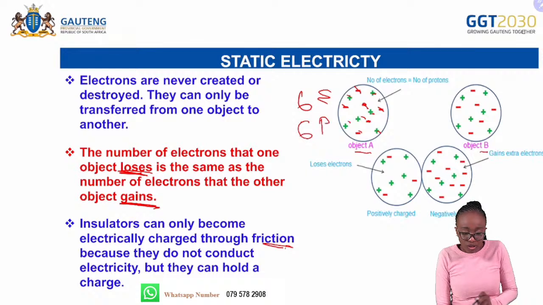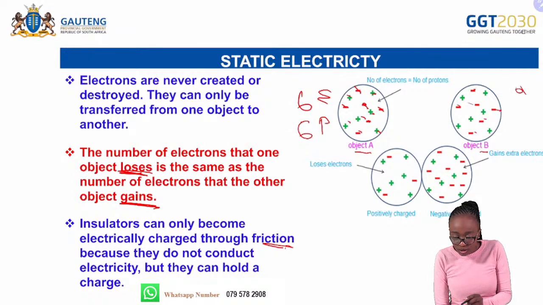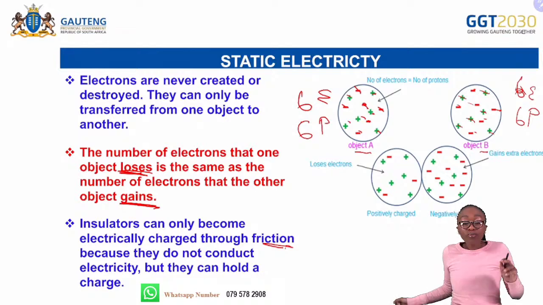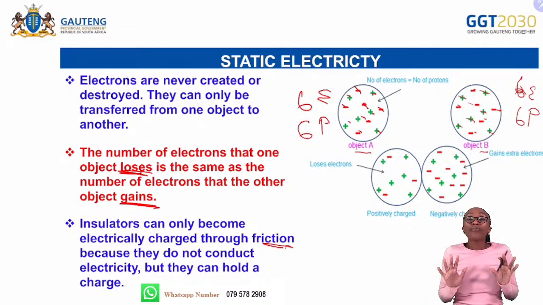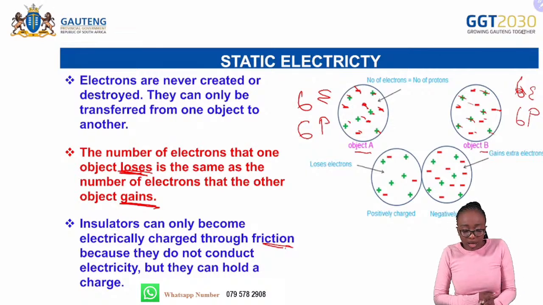I'm going to write the letter P. Let's count for object B as well. 6 electrons and 6 protons. So object A and object B are both neutral. They have balanced charges.